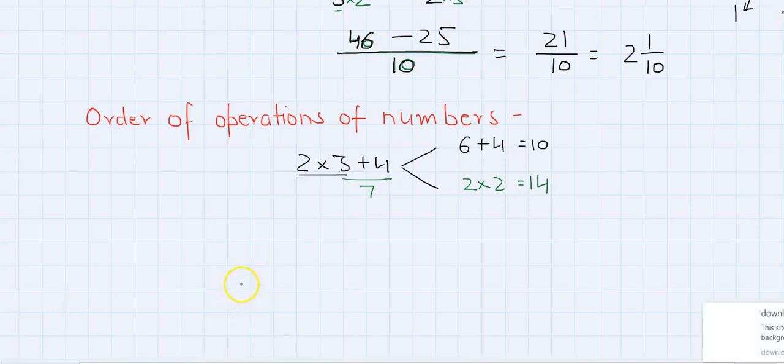So in the absence of brackets, it's confusing to solve this question. To solve this kind of question, we have a certain rule, and we have a mnemonic by the name of BIDMAS.